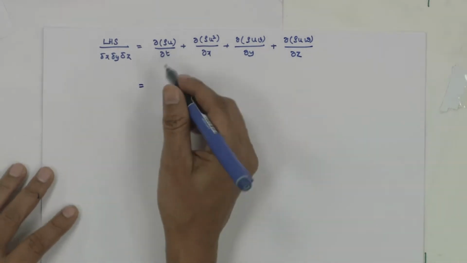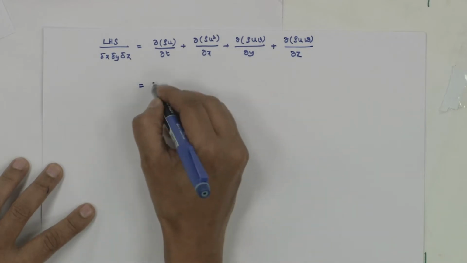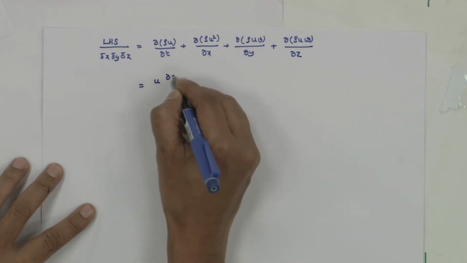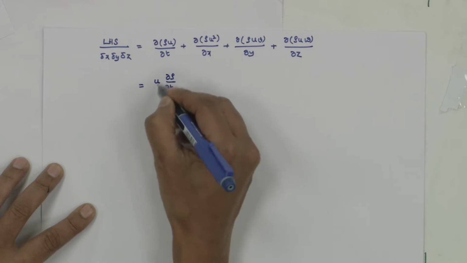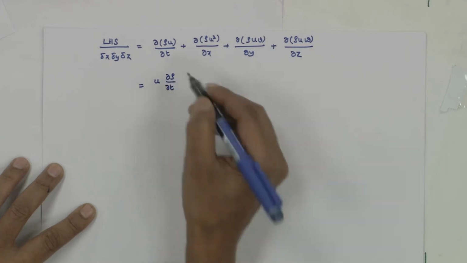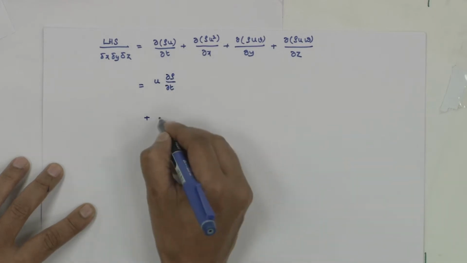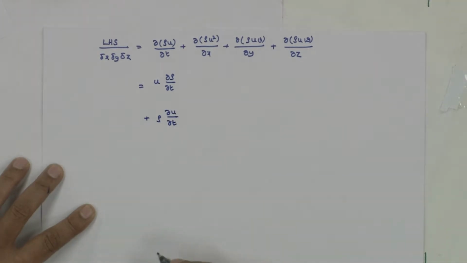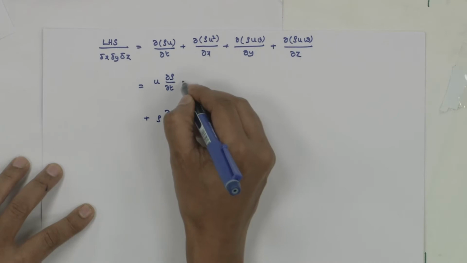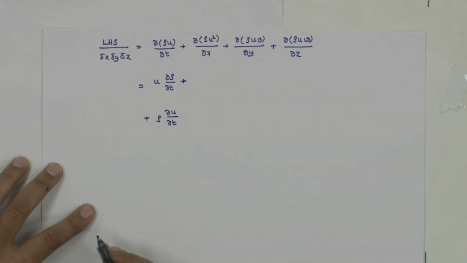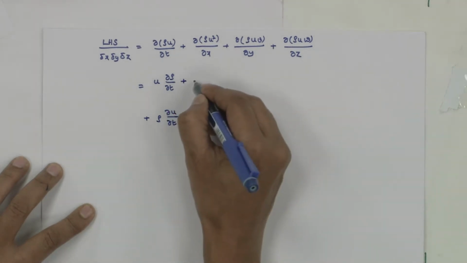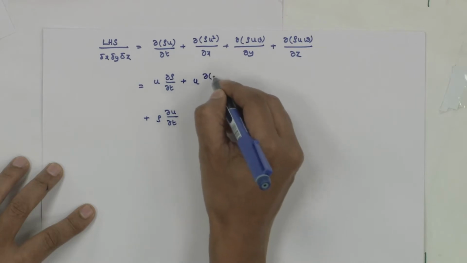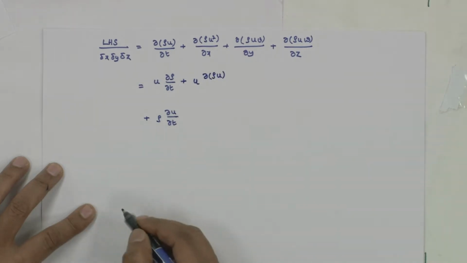Now let me expand this, that is u del rho by del t, where I kept u constant and differentiated rho. The next term would be rho del u by del t, plus, here I will keep u constant and keep rho u varying.